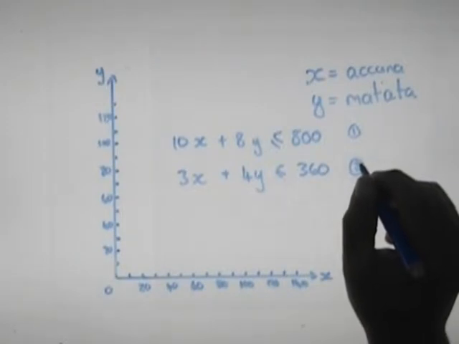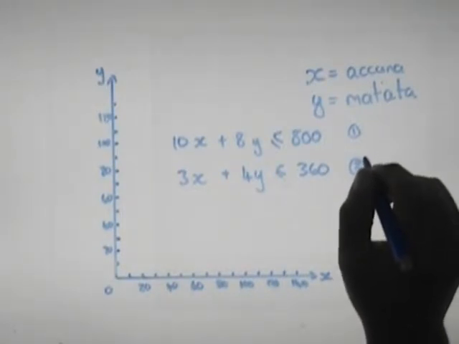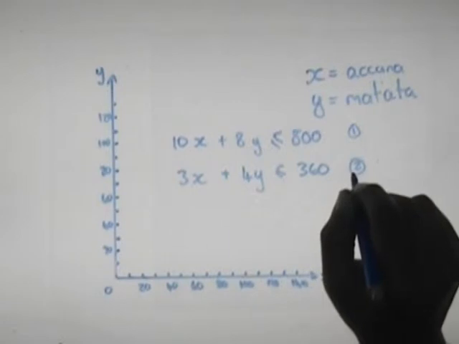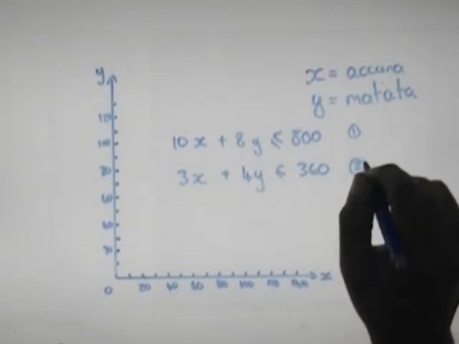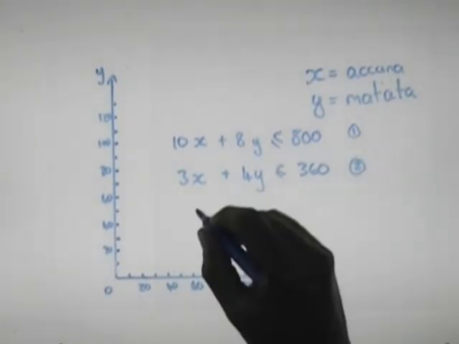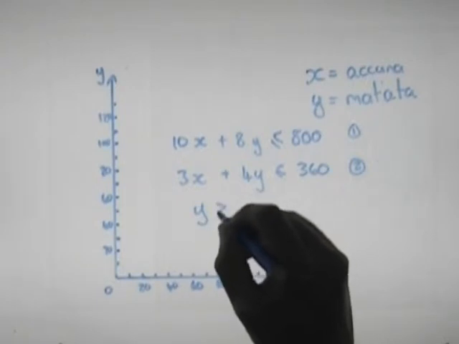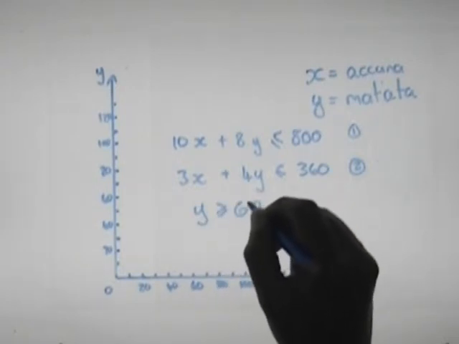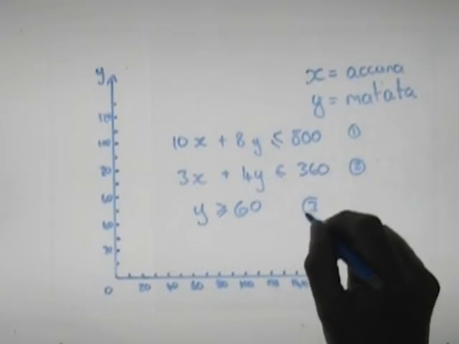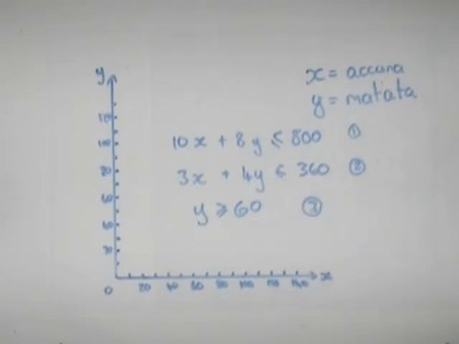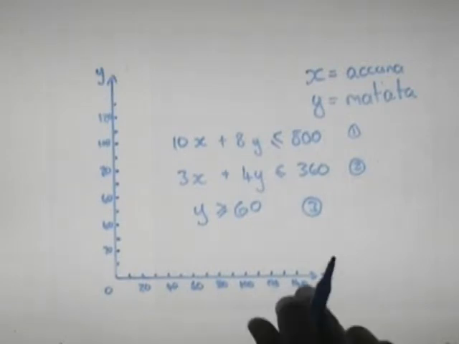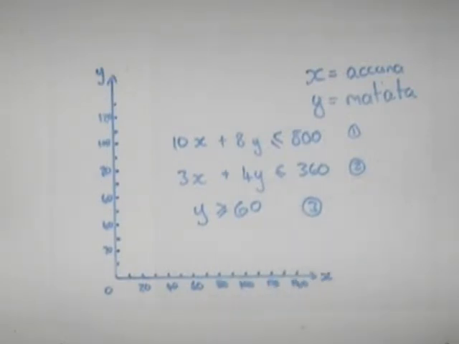The third bit of information is that the factory needs to manufacture at least 60 of the Matata models each week. That means that y must be greater than or equal to 60. And that's the third inequality we have. We don't need any more information. We can sketch our graphs from this.